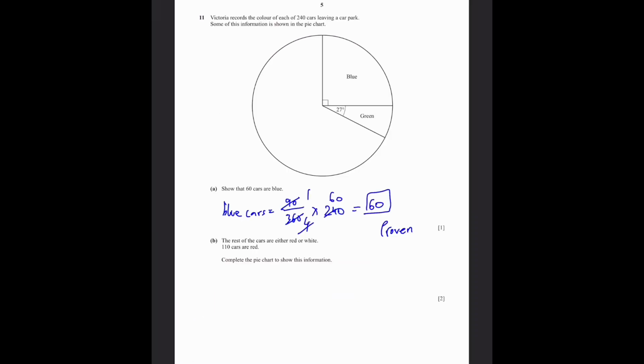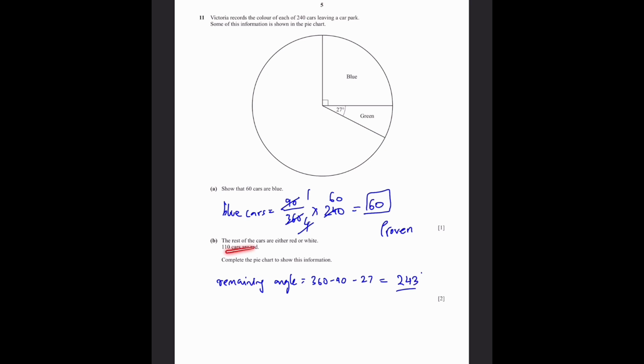B. The rest of the cars are either red or white. 110 cars are red. Complete the pie chart to show this information. So we can see green is 27 degrees. So that means the remaining angle will be 360 minus 90, which is blue, minus 27, which is equal to 243 degrees.